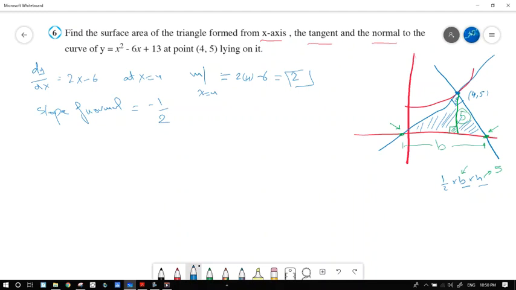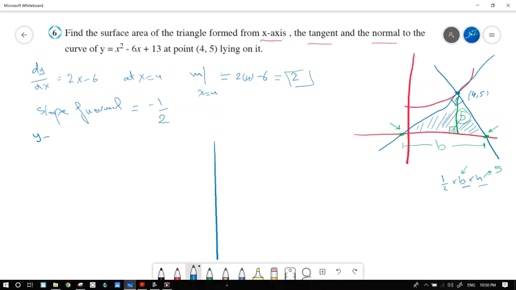Now we have to find the equation of the tangent and also the equation of the normal. To find them, we have to fill the form that we already know, y minus y1 equals m times x minus x1, where the point is 4 and 5.